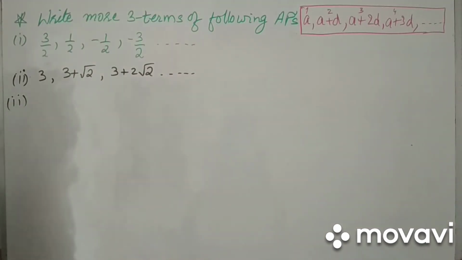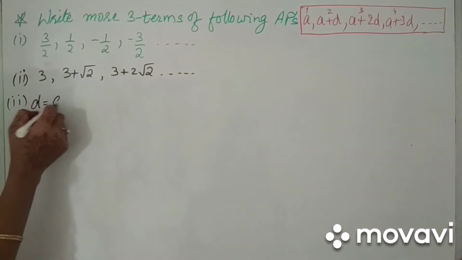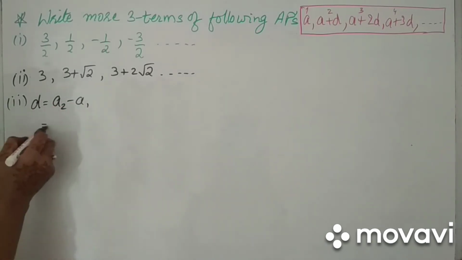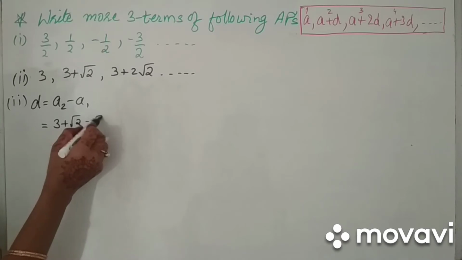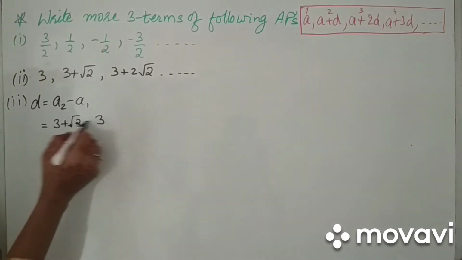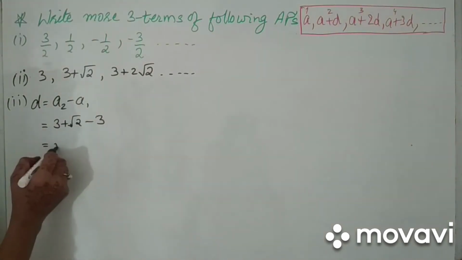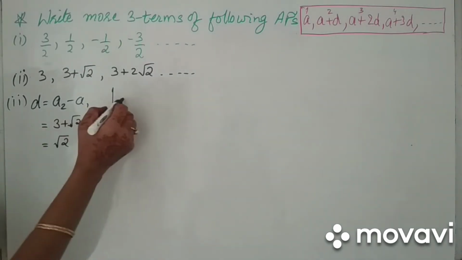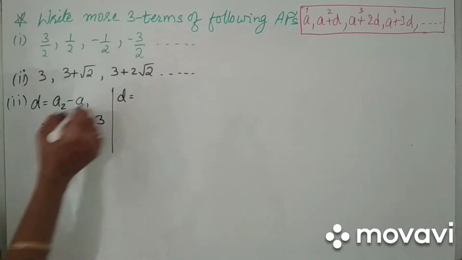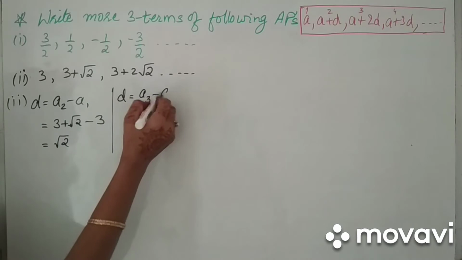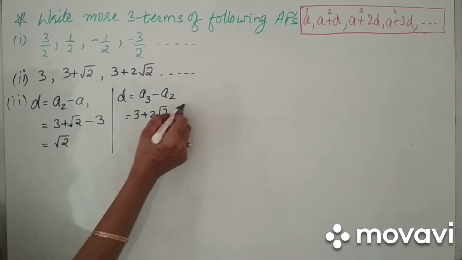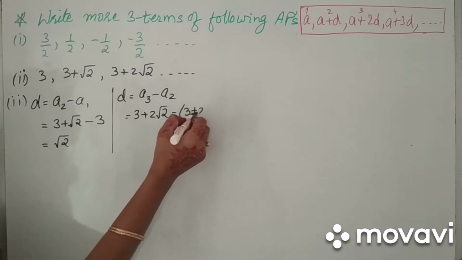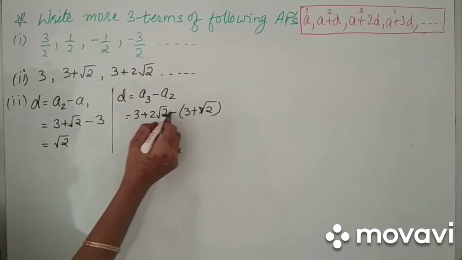First of all, we will find d. As usual method, a2 minus a1 is equal to 3 plus root 2 minus 3. So 3 would be subtracted and root 2 remains. In the same way, for another d, let's see if it gives us the same or not. a3 is 3 plus 2 root 2, minus 3 plus root 2.